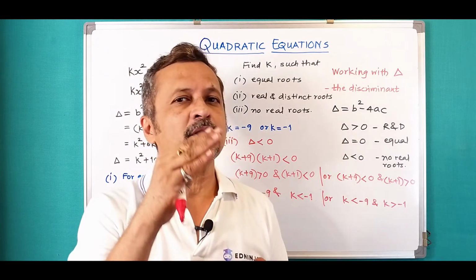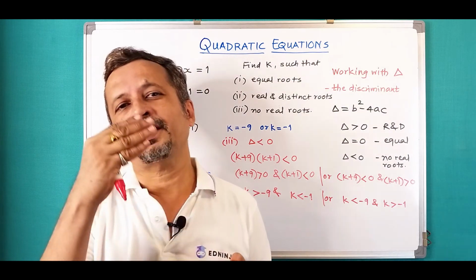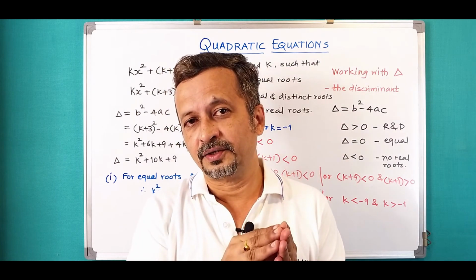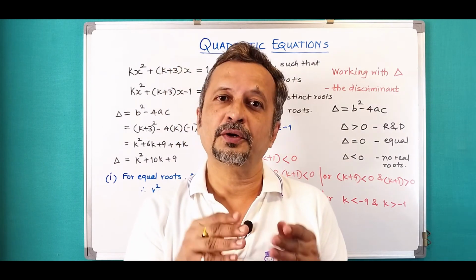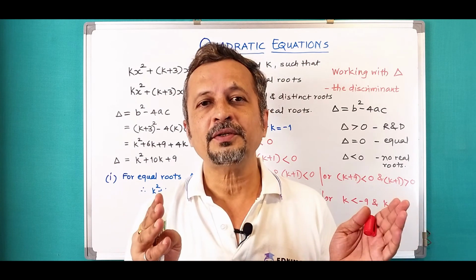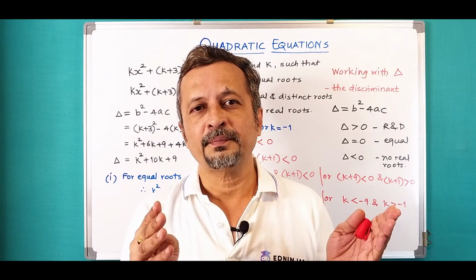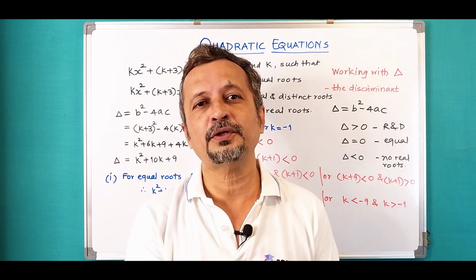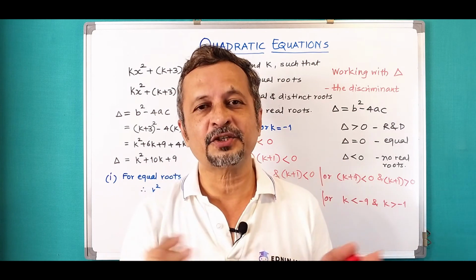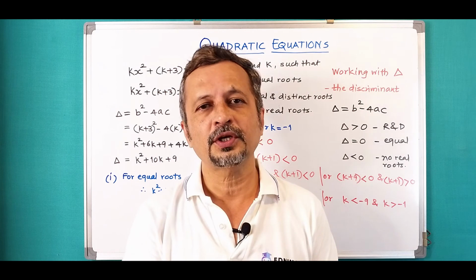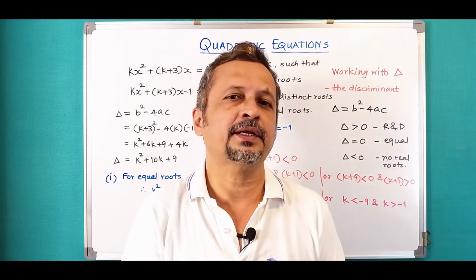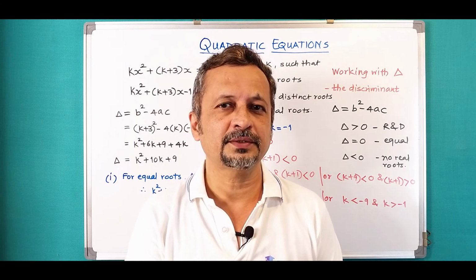You have to write your a and b and c, then figure out what the discriminant is, and then depending on the values of the discriminant you can figure out whether your equation is going to have real and distinct roots, or real and equal roots, or you are not going to have any real roots. Maybe you can get imaginary roots, right? Thank you.